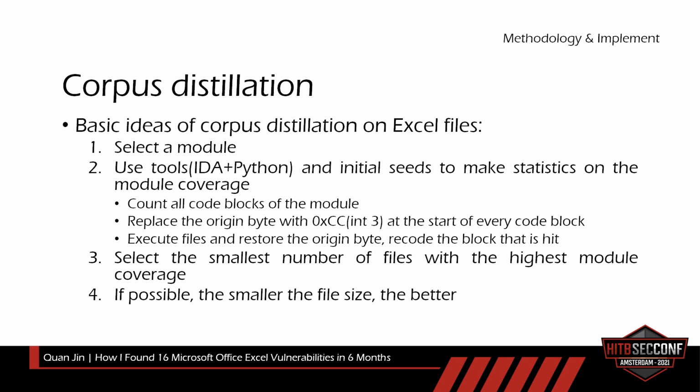The goal of this is to select the smallest number of files with the highest model coverage, and hope that these files are as small as possible. With the help of static count and dynamic execution, I distilled a set of Excel seeds in an acceptable time as the initial seed for my fuzzing.